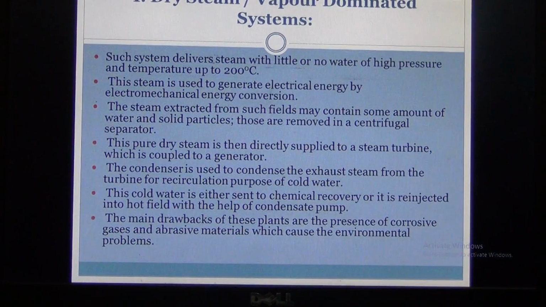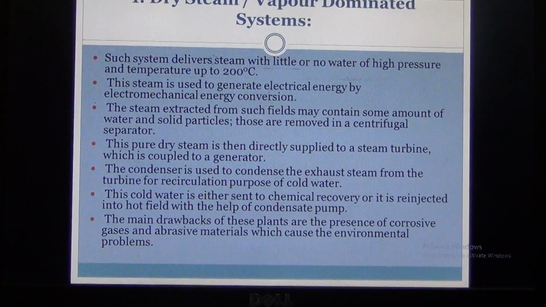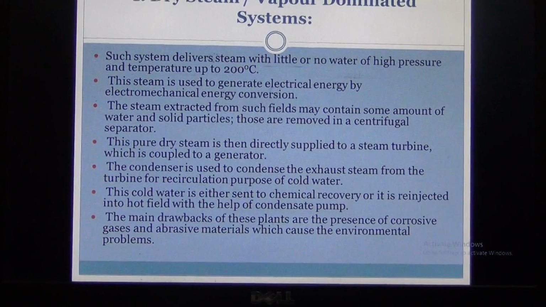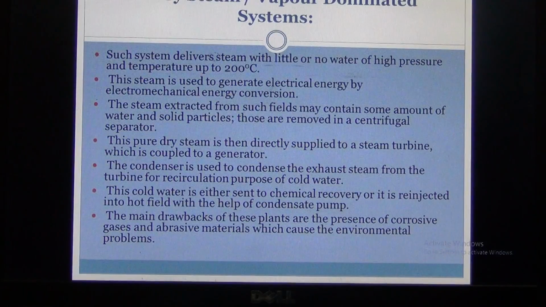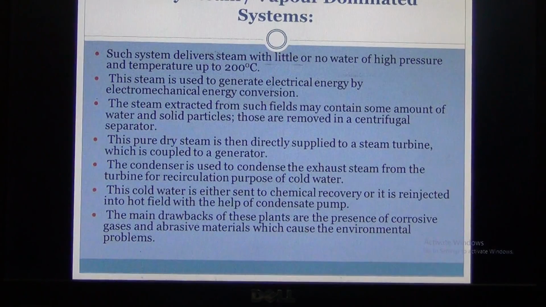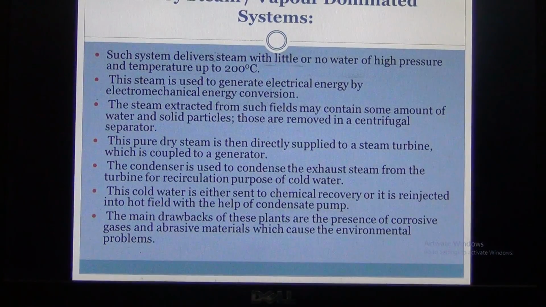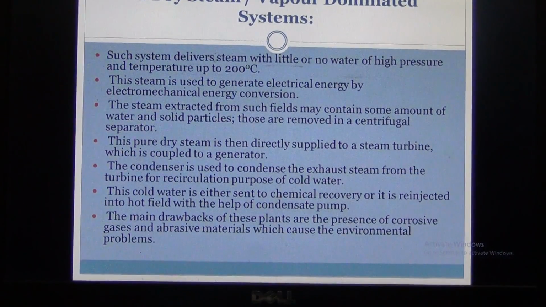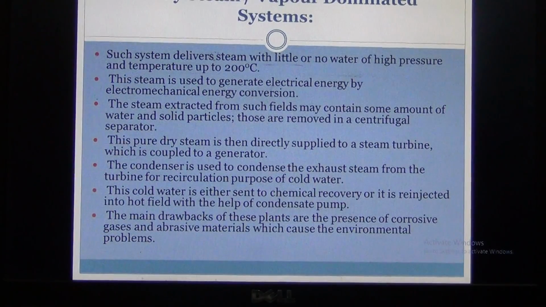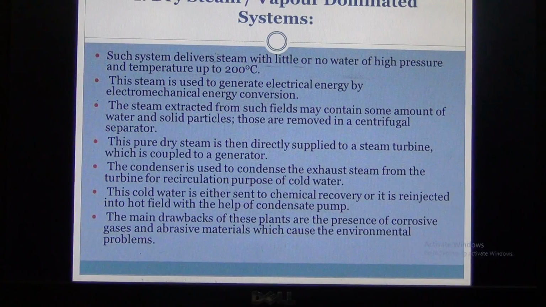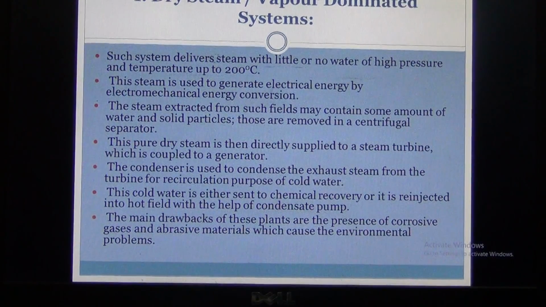This pure dry steam is then directly supplied to a steam turbine which is coupled to a generator. The condenser is used to condense the exhaust steam from the turbine for recirculation of cold water. This cold water is either sent to chemical recovery or re-injected into the hot field with the help of a condensate pump.